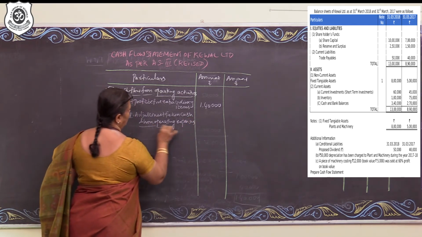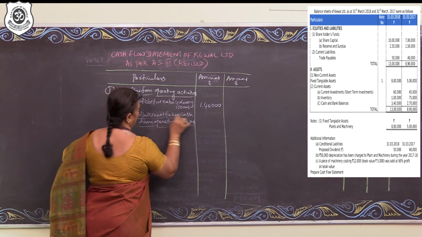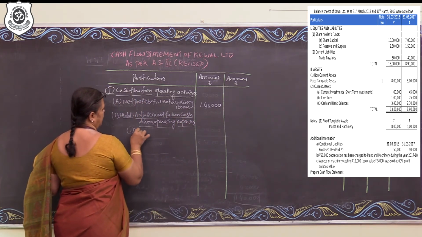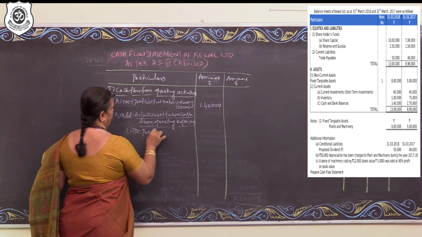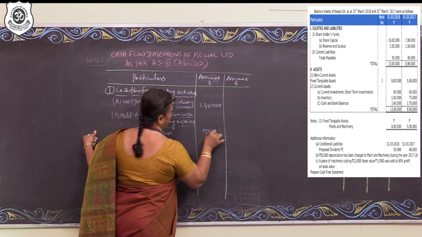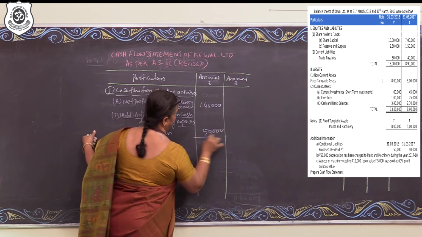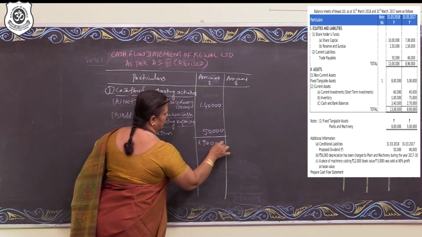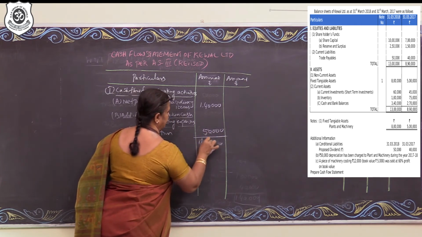We have only one non-cash expense, namely depreciation. Depreciation on the fixed asset is 50,000. You get 1,90,000.